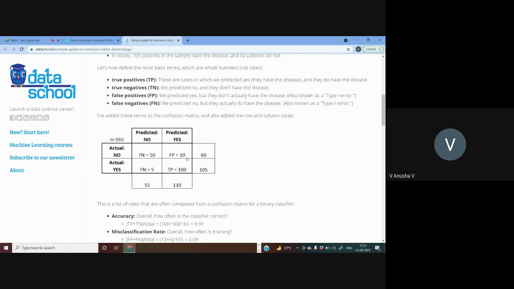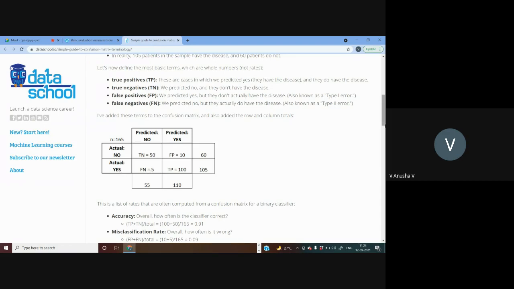And whenever the predicted result is no and the actual result is also no, that is considered as true negative. And the false positive is prediction is yes, actual result is no. And next, false negative is predicted result is no and actual result is yes.